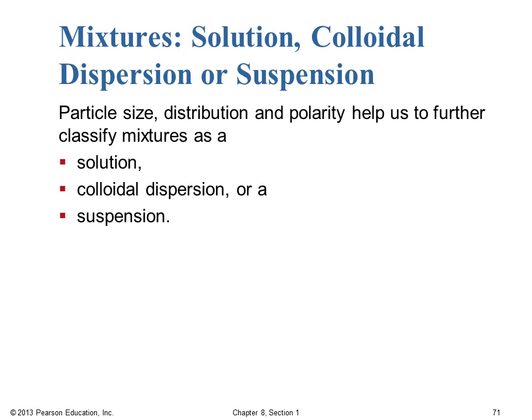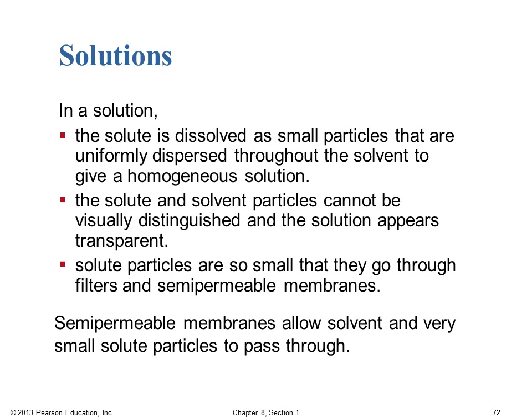We've already talked about solutions and how they're homogeneous mixtures, and this is going to discuss why colloids and suspensions are different, which has to do with the particle size and their distributions. In a solution, we know that we have small particles, and they are dissolved in the solution.